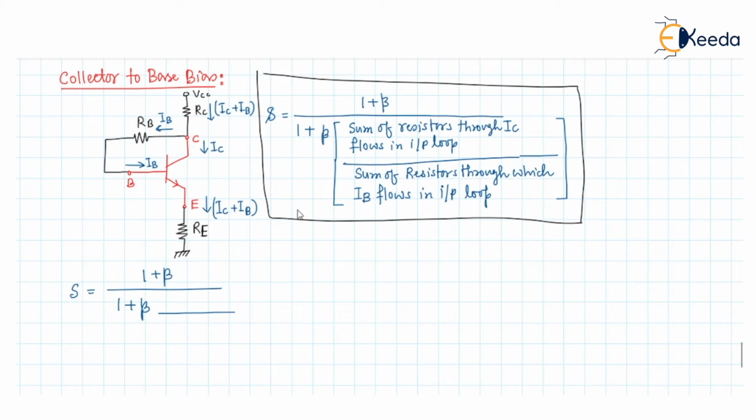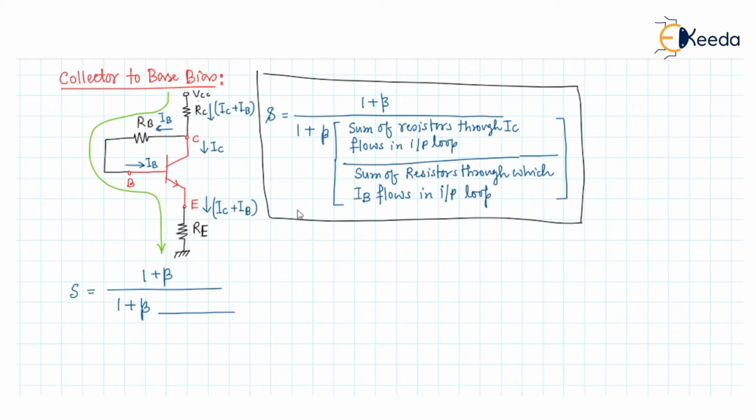Now if we look at the input circuit, our input circuit will look like this. In this input circuit, we have to find the resistors through which IC current is flowing.